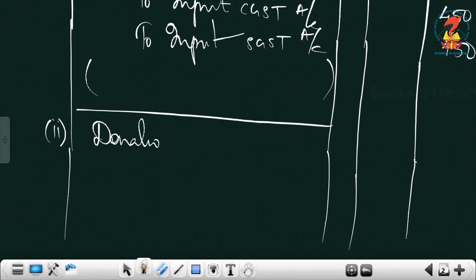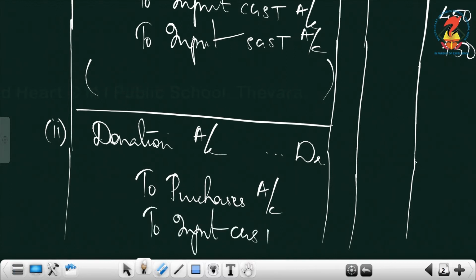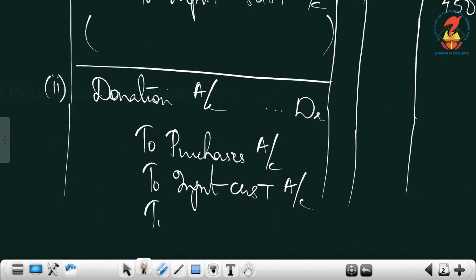There is no problem even if you write charity. It's kind of charity. Donation account debtor to purchases account, to input CGST account, to input SGST account, and the goods value here is 2000.